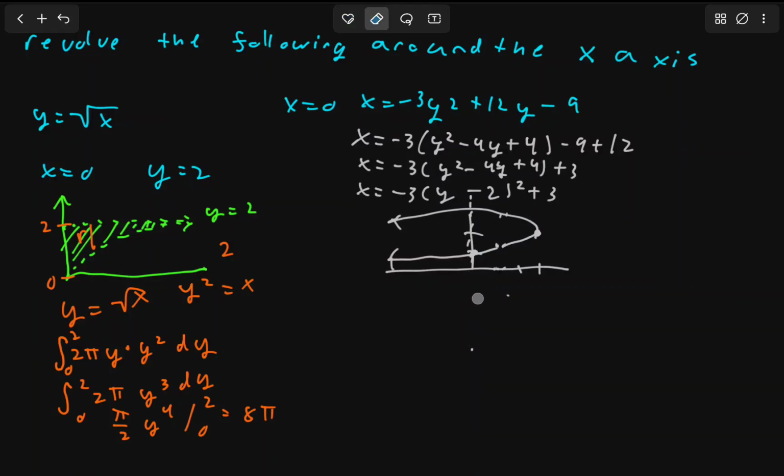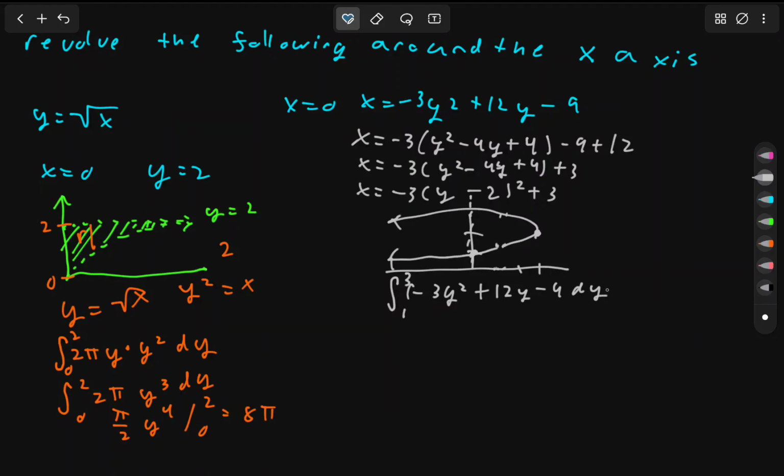So, what this curve is actually going to look like is the integral from negative 1, or not negative 1, but 1 to 3 of our original function, which is negative 3 y squared plus 12y minus 9 dy.